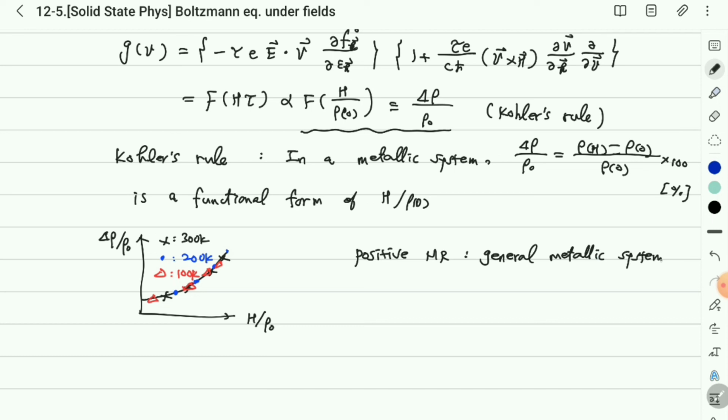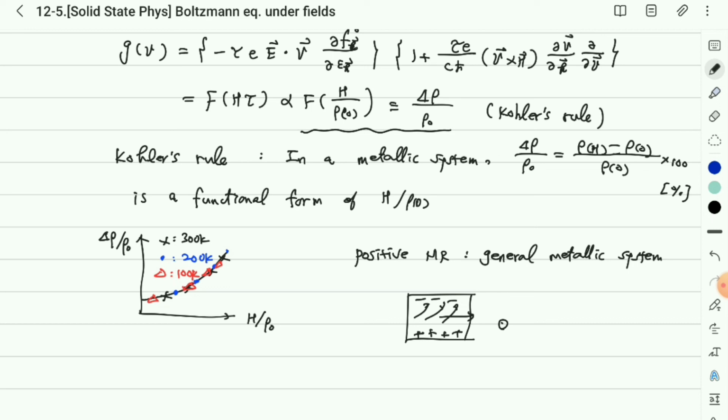It is reasonable because in a sample, when you apply a magnetic field, because of the charge accumulation and transport, the number of charges is depleted because of the accumulation of charge at the edges, and the contribution to the transport of carriers decreases. Therefore, when you apply a magnetic field, a larger number of particles accumulate at the surface, and therefore the number of particles that transport electrons decreases. Therefore, positive magnetoresistance is a general phenomenon in a metallic system.